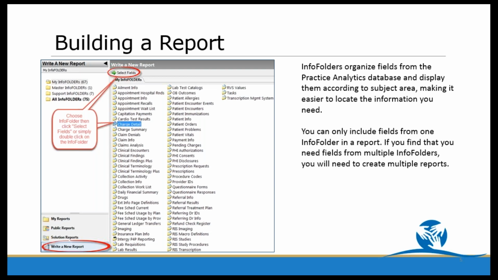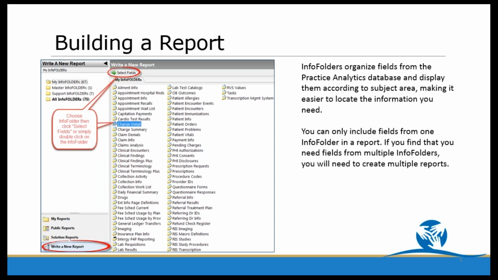So you want to make sure, is the charge detail really where I want to get all my information, or do I want appointment information? So knowing what's in these info folders is extremely important for knowing how to write a report, and once we get into the multipath queries, what other folder can I select to write a report?